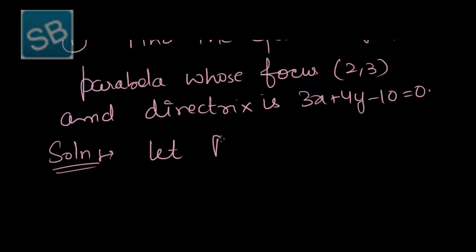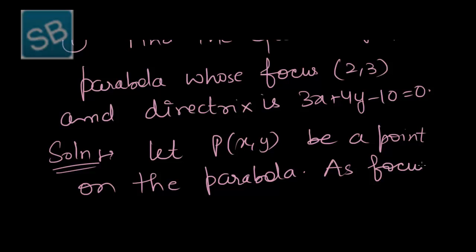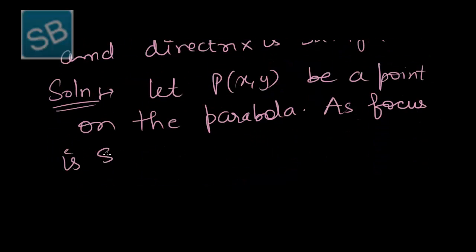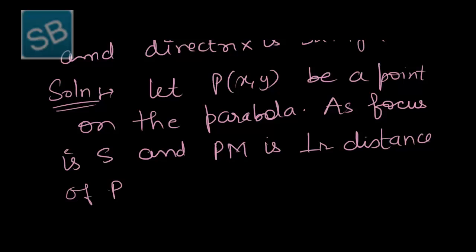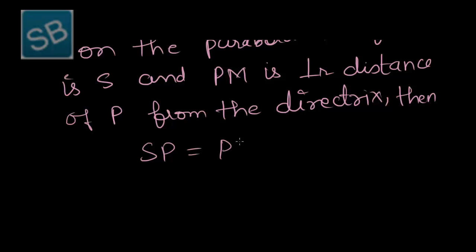Therefore, let P(x, y) be a point on the parabola, as focus is S and PM is the perpendicular distance of P from the directrix, then SP is equal to PM, that is SP square is equal to PM square.